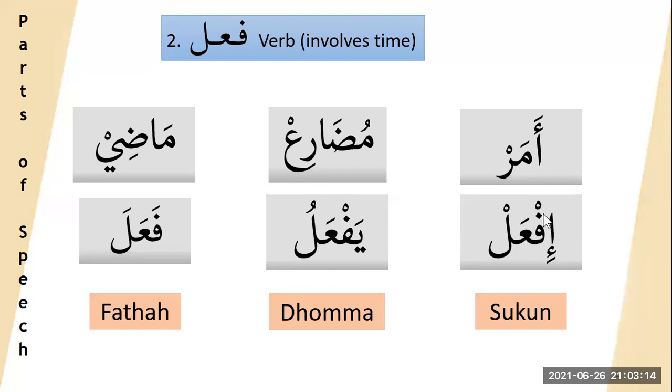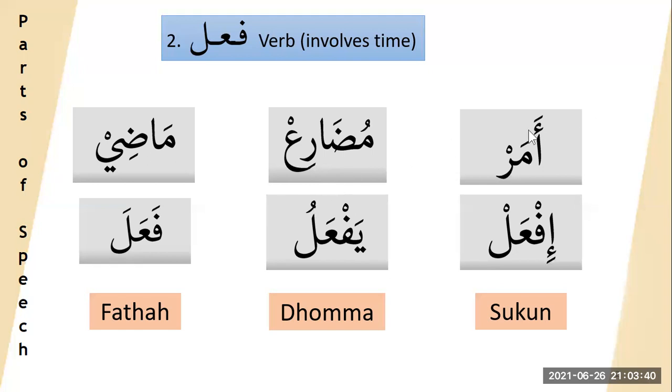So madi, perfect tense or past tense, you know it by the fatha sound. Mudari, which means the one that resembles, in terms of usage should be the imperfect tense, and takes a dhamma on the last letter.